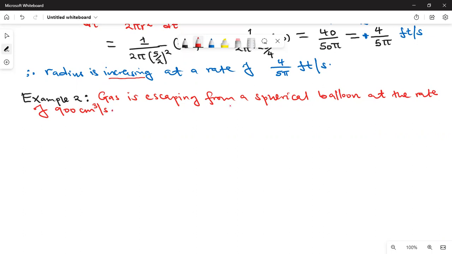You are asked, how fast is the surface area shrinking when the radius is 360 centimeters?